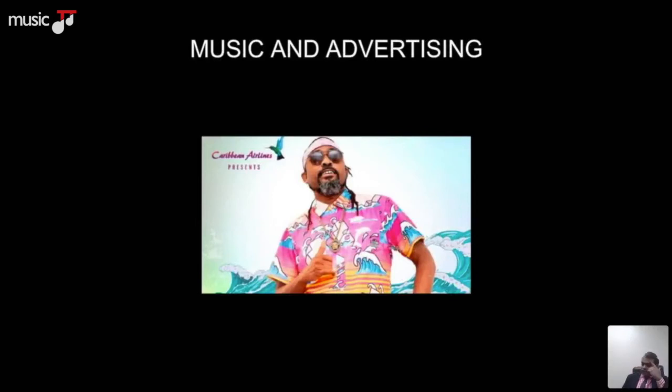Another area, and this is an area I know lots of musicians who have told me, well, they don't really like to get into advertising. They feel like it's selling out. They feel like they don't want to get involved in that. Music and advertising is a massive platform to make money off of your music.